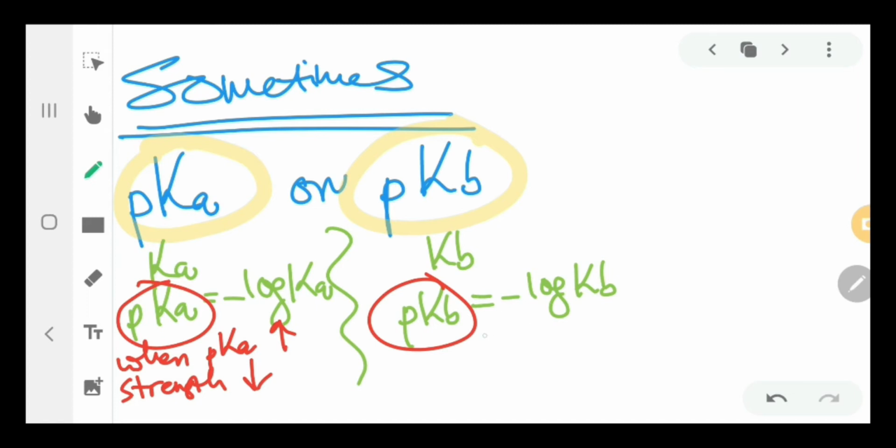Okay, same goes to this. When pKb is higher, strength would be lower as well.